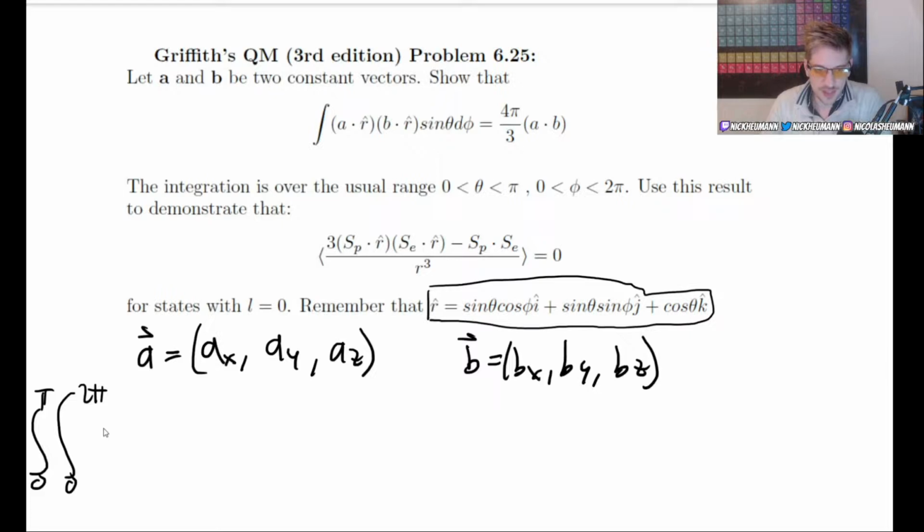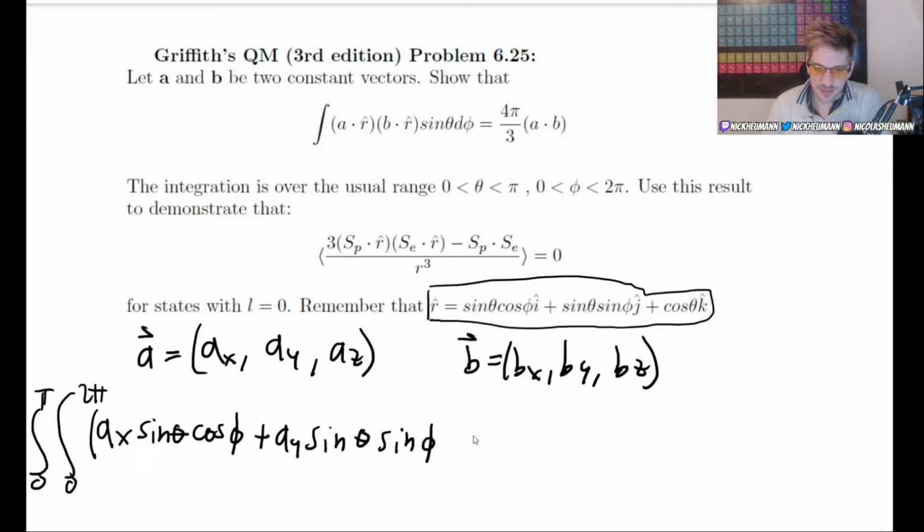So that's going to be a dot r hat. So we get a_x times the x part of the r hat vector. So a_x sine theta cosine phi. Plus a_y times the y part. So we get a_y sine theta sine phi.